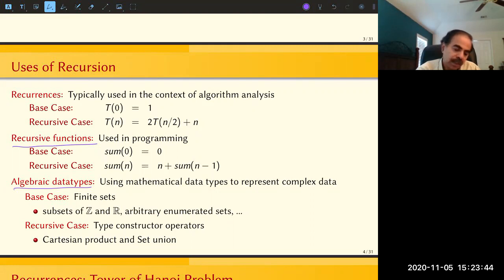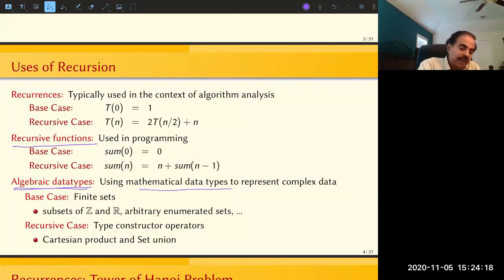So the point is that it's not just integers that you are working with. You're working with data that has more structure than integers, and you can use mathematical concepts that we have studied so far to construct more complex data types, such as strings, and use them in your program, right?